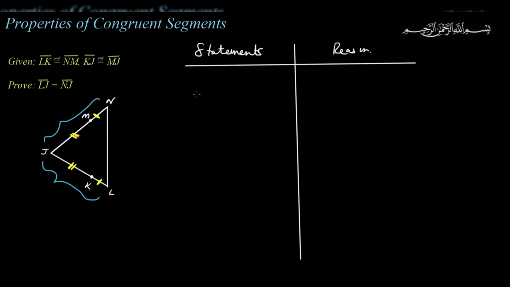When in doubt, we write the given information. So the first thing is LK is congruent to NM, and then KJ is congruent to MJ. I'm just going to write them over here so it makes it easy for me visually. That's the given information.